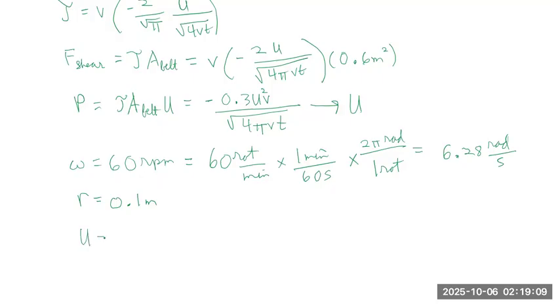So u equals omega r equals 6.28 times 0.1, which is 0.628 meters per second.